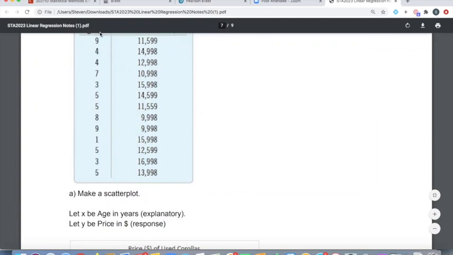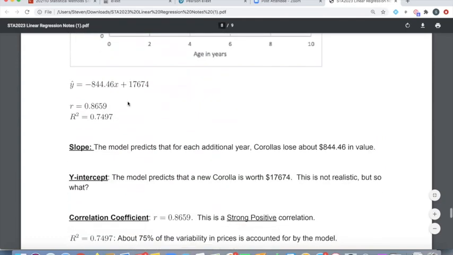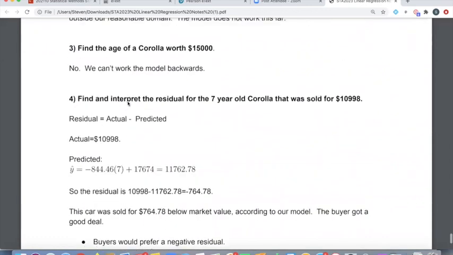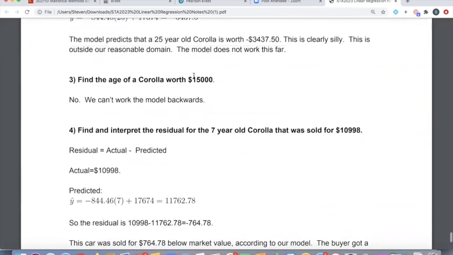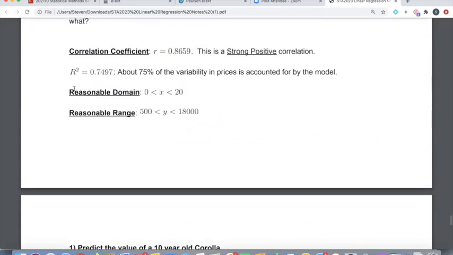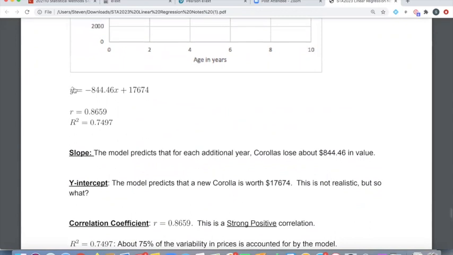I'm using actual ages to predict values. This question wants me to do that backwards. They gave me an actual value. I don't have a y in my formula. I have a y hat. They're asking me to predict an age. I don't see an x hat anywhere. X hat means predicted.